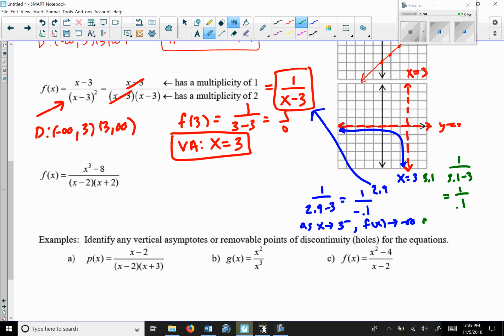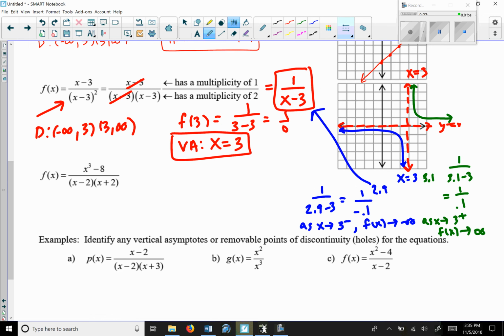So in this case, as x approaches 3 from the right side, your y values, or f of x, are now approaching positive infinity. And so on this part of my graph, it would go something like this, because you always follow your asymptotes. Again, we'll talk more about the graphing later, but that's just an idea of the big little concept again. So let's go ahead and look at the next equation.